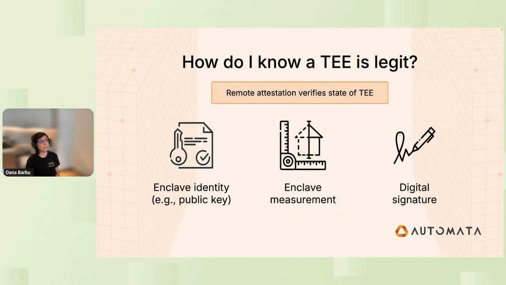And basically, what the remote attestation report contains is the enclave identity, which is a public key, and a set of measurements of the enclave, for example, the firmware and the software that's run on the enclave. This information will be signed using the private key that corresponds to the enclave identity, and this private key is only known by the enclave.